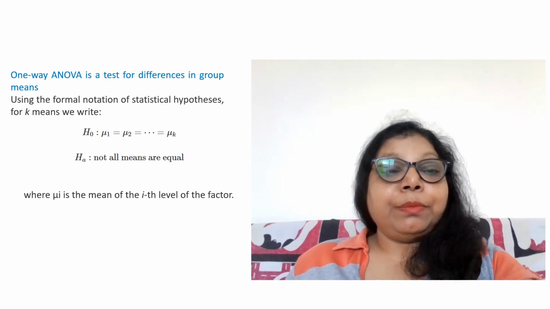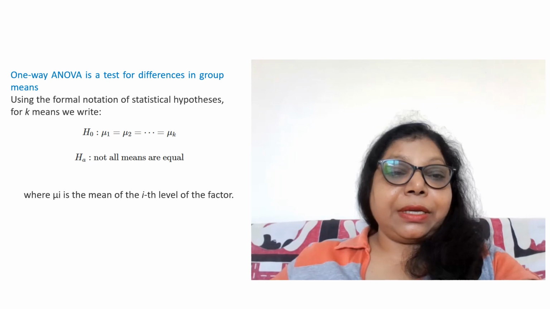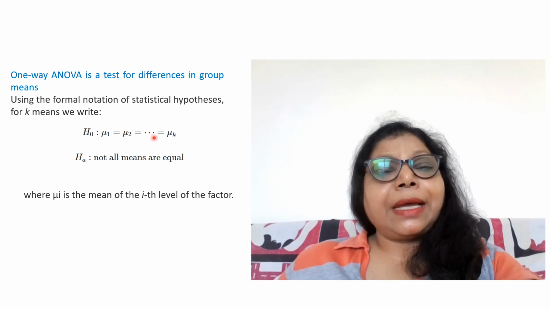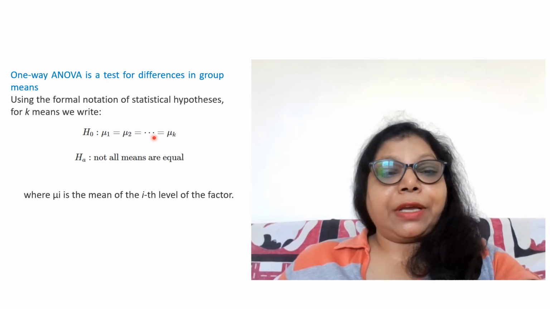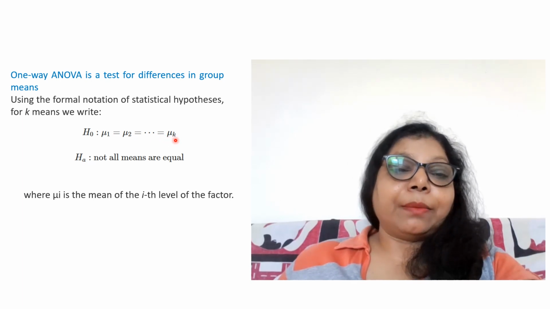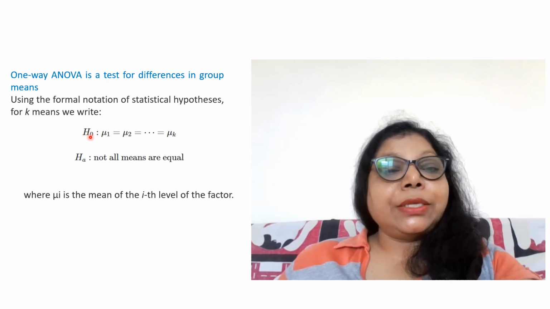For k means we write, as we can see on the screen, H0: mu1 = mu2 = ... = mu k, for as many groups as we have, up to k, and that says that the means of all the groups are the same.